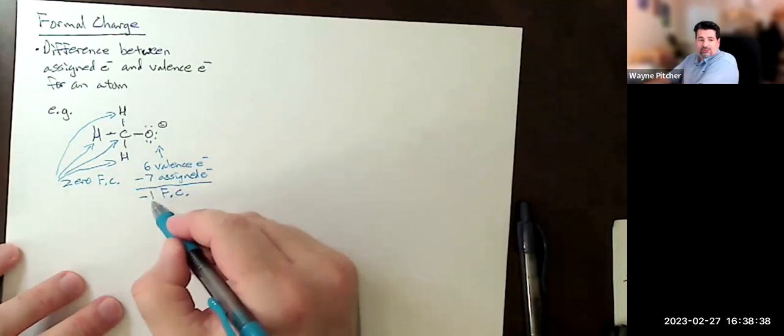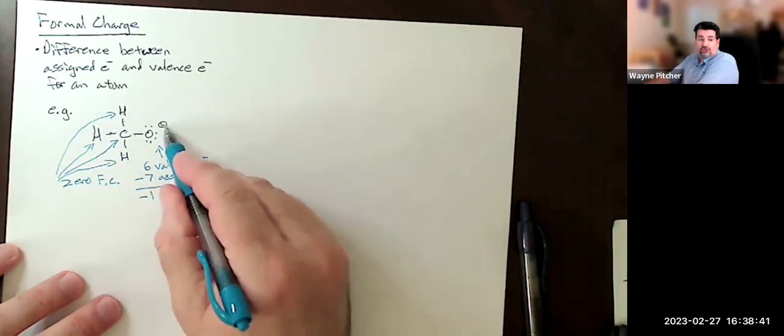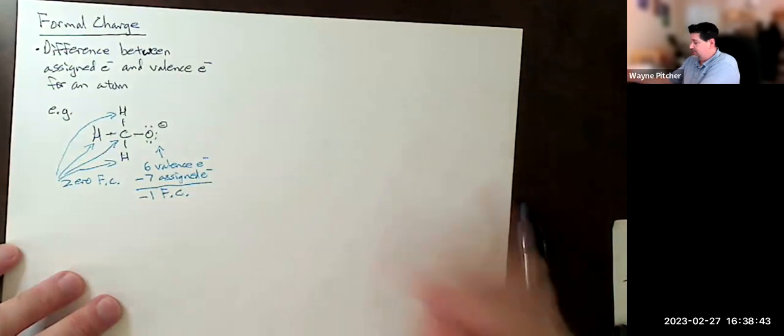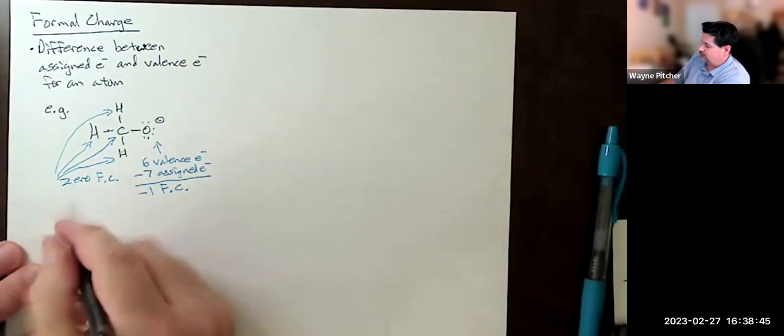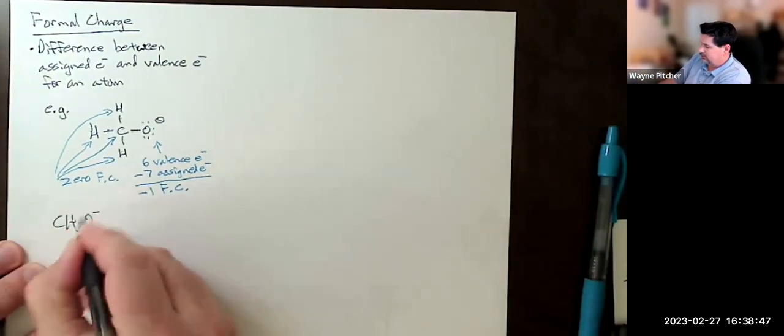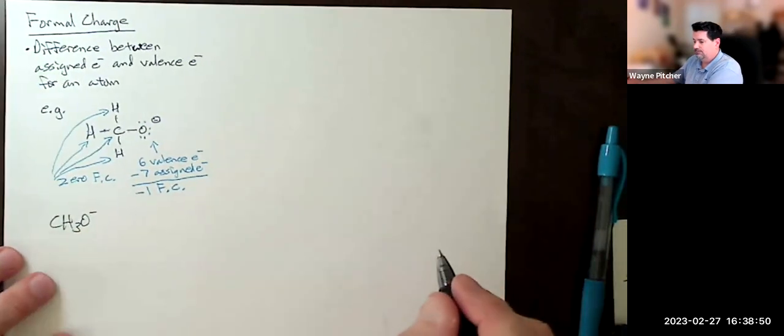Which, 6 minus 7 gives us -1 formal charge. So there's my negative formal charge there. A lot of times we'll just write this as CH3O minus, like so.